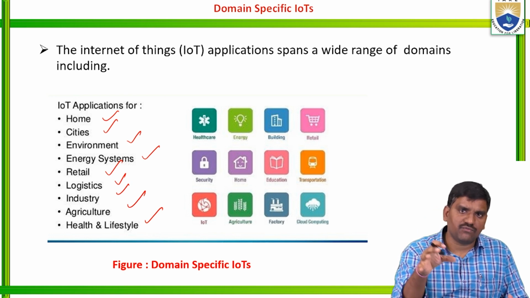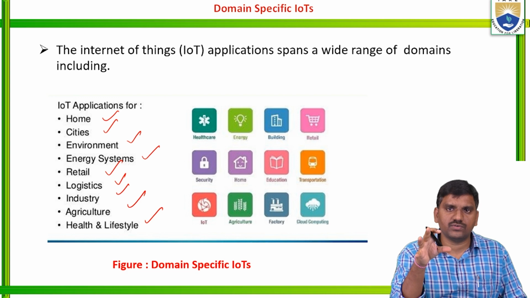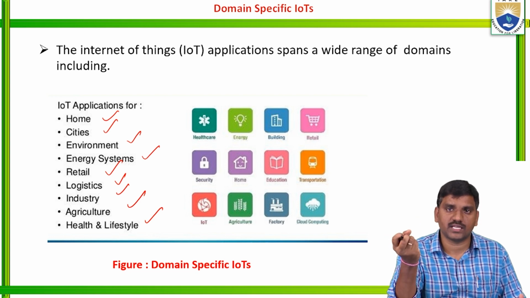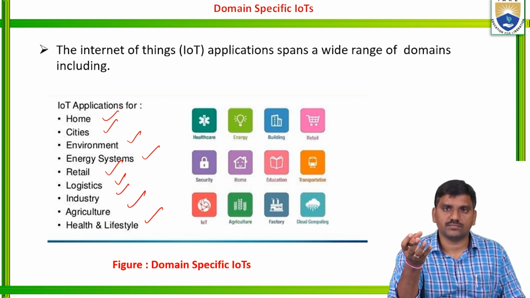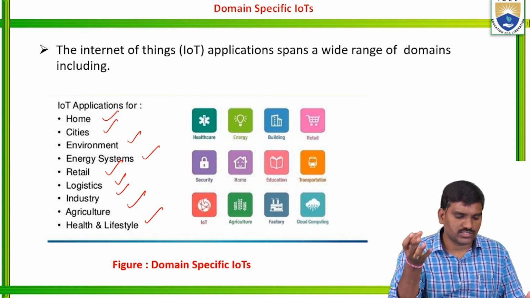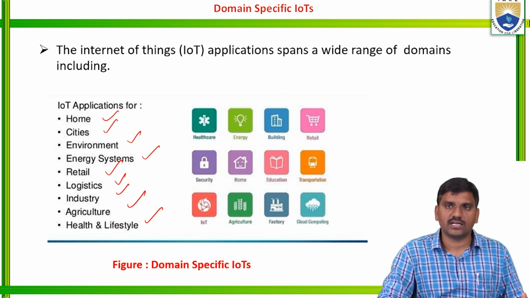In everything there is involvement of IoT applications. In the home, smart cities, smart homes, environment conditions, weather monitoring systems can gather the data. Energy systems, retail systems, whether it is e-commerce or like that, logistics, industry, agriculture, healthcare and lifestyle.